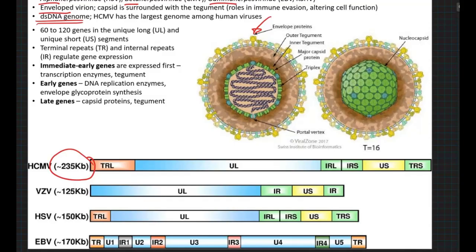So there are immediate early genes that are expressed first. These genes are required to, say, transcribe the viral DNA. There are early genes which now focus on DNA replication, and then there are late genes that complete the virus particle.